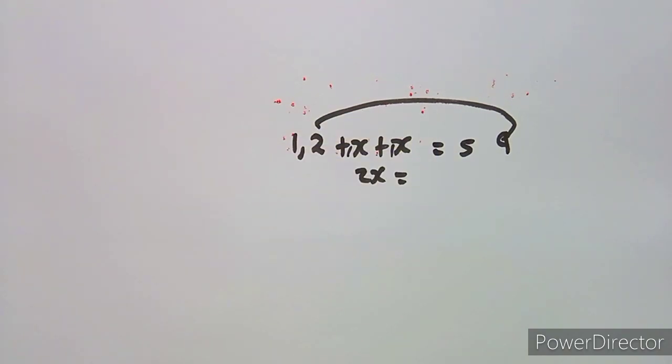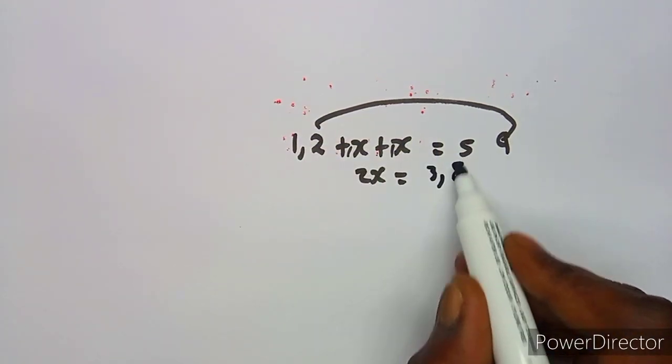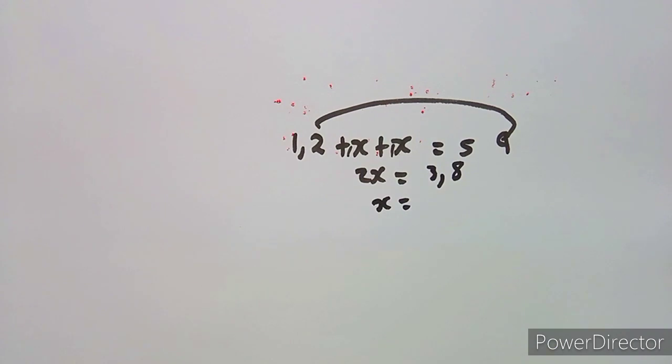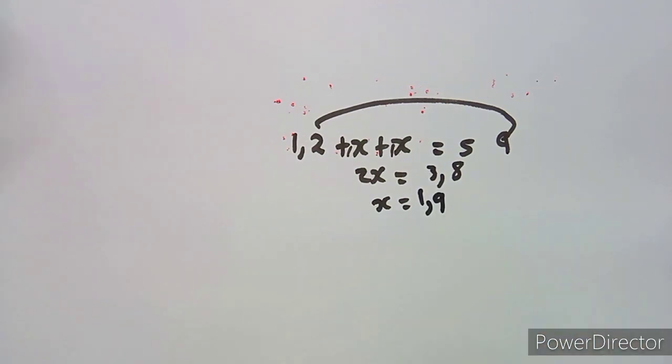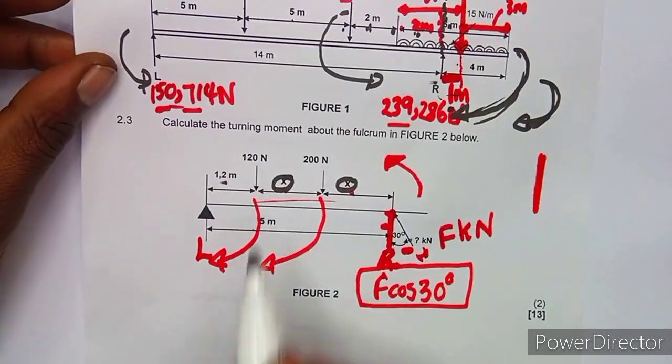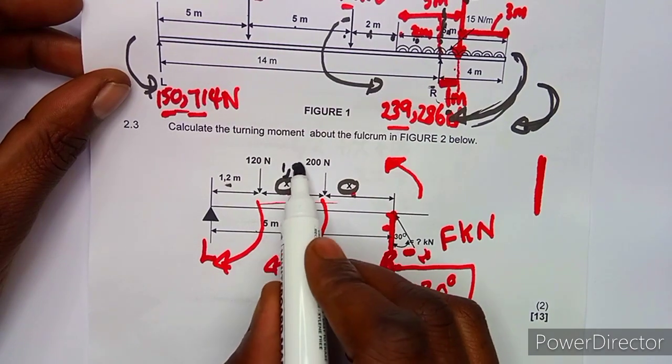All right, then you divide by 2. So it's 3,8, you divide by 2, that's going to give us 1,9. So you're going to obtain 1,9 meters. So it means x in this case is 1,9.